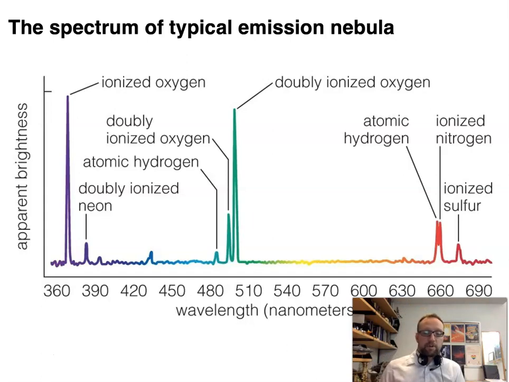And consequently, if you have a mixture of different elements in your nebula, you're going to get a mixture of different emission lines. So here is a graph of brightness versus wavelength for a typical hot gas, for a typical emission nebula out there in the galaxy. And as you can see, this gas is giving you a mixture of different emission lines. You're getting emission lines from oxygen, neon, hydrogen, nitrogen, sulfur.